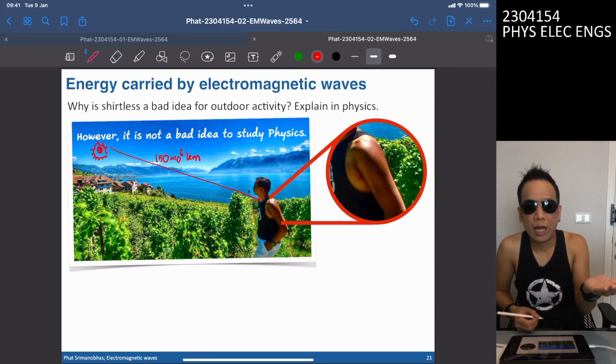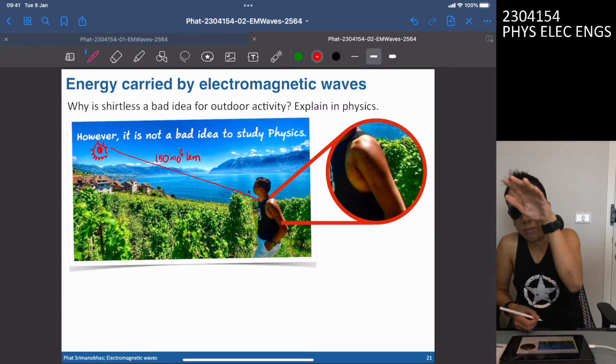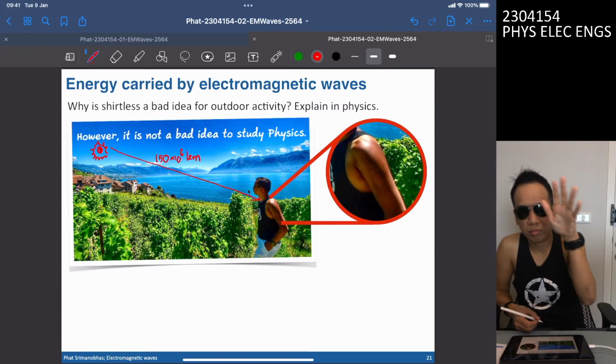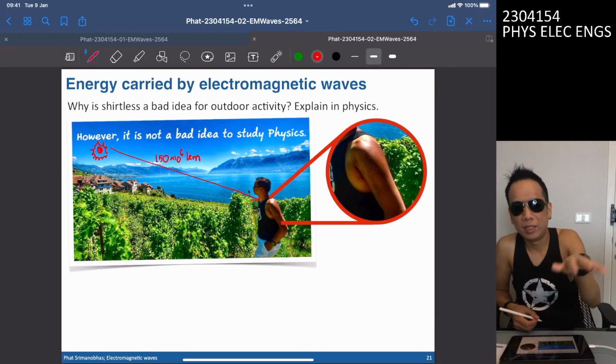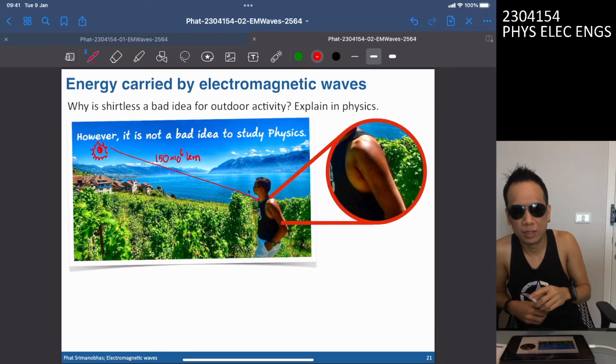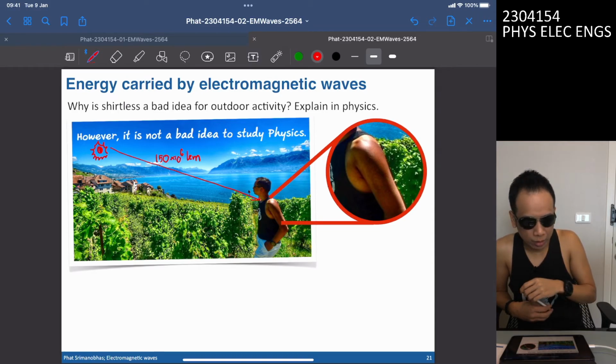You don't need to say this is Thailand, that is some place on a mountain. Fine, because that variation is in the order of a few kilometers, but we are talking about millions of kilometers. So the variation doesn't really hurt you much.